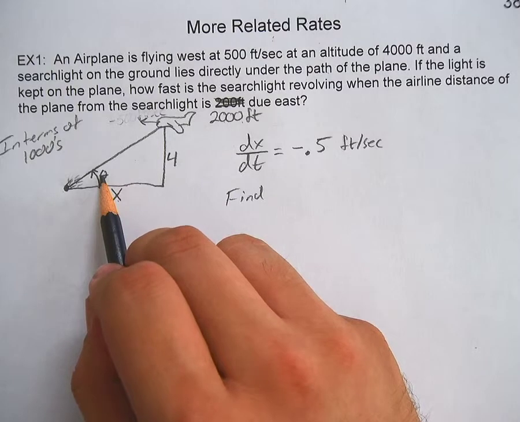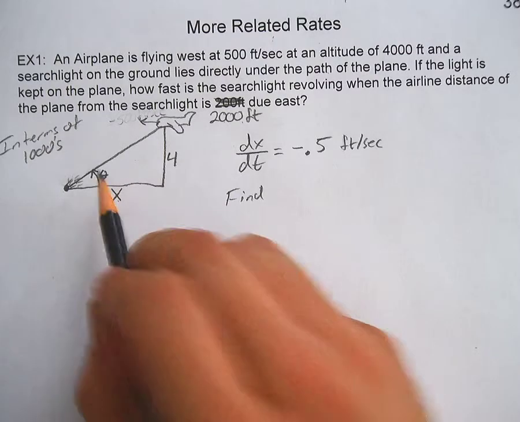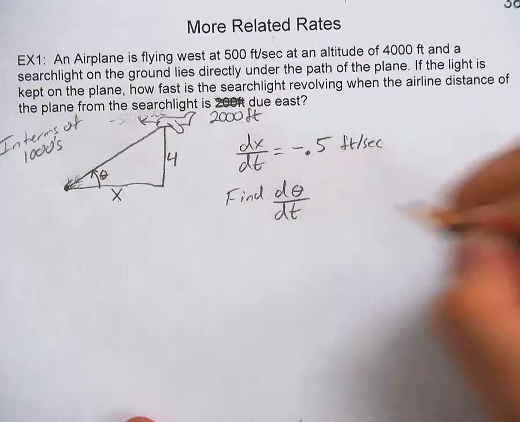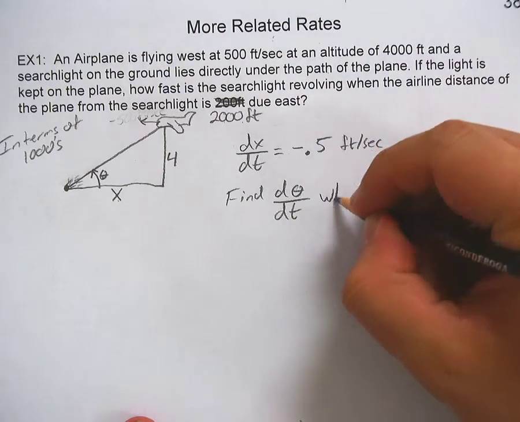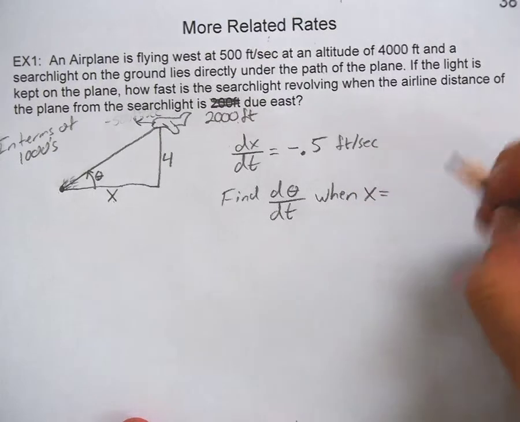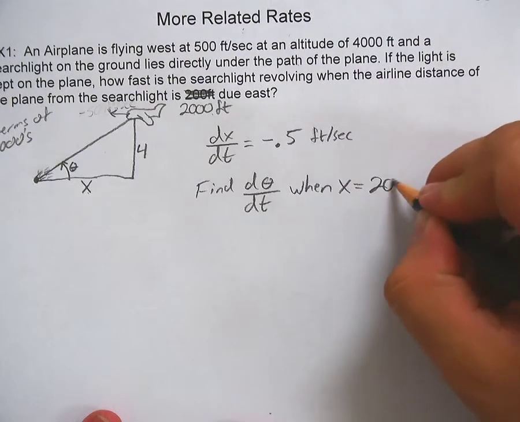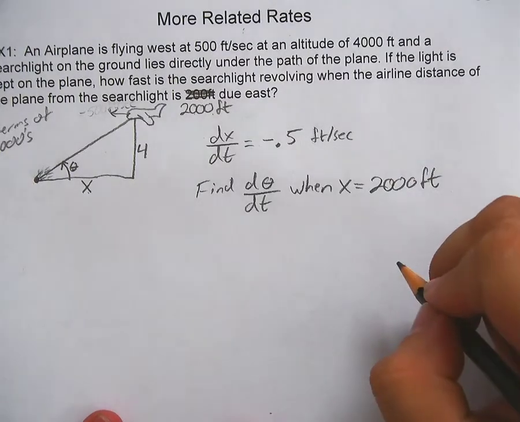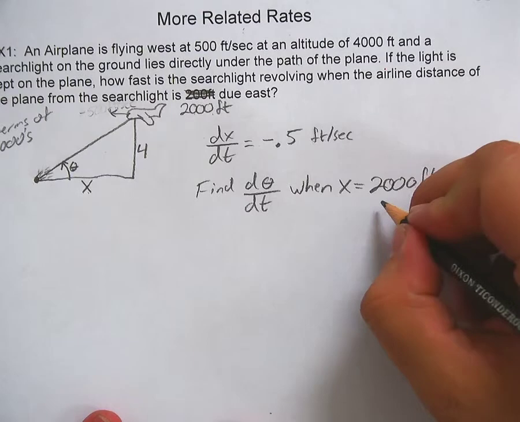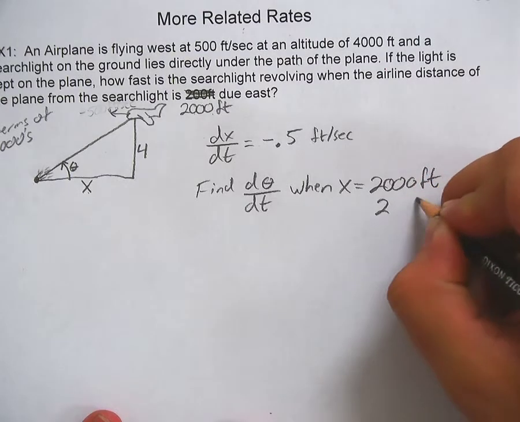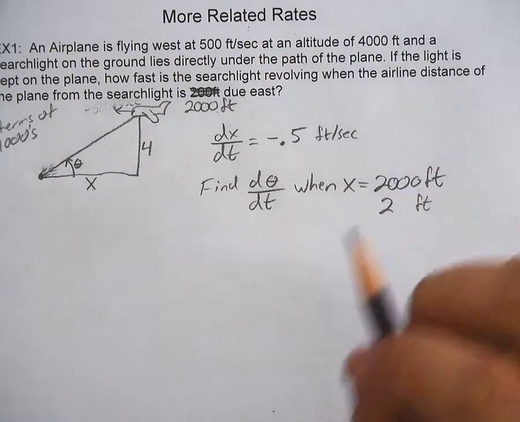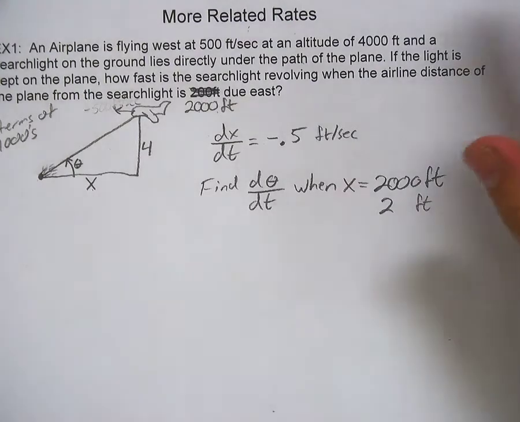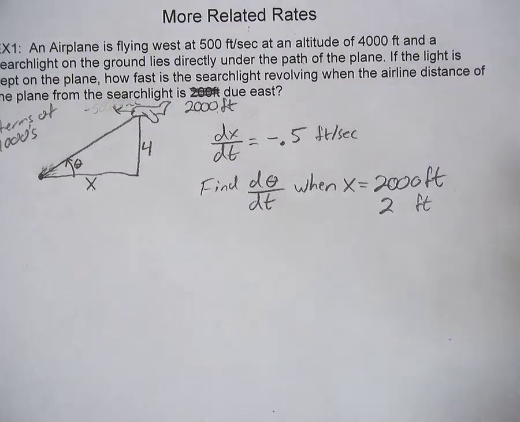They want to know how fast theta is changing. They want me to find d theta/dt when x is 2,000 feet, or in my case, since I'm counting everything in thousands, when x is 2. And just remember, I'm counting everything in thousands. That's just to make my numbers smaller and more manageable.